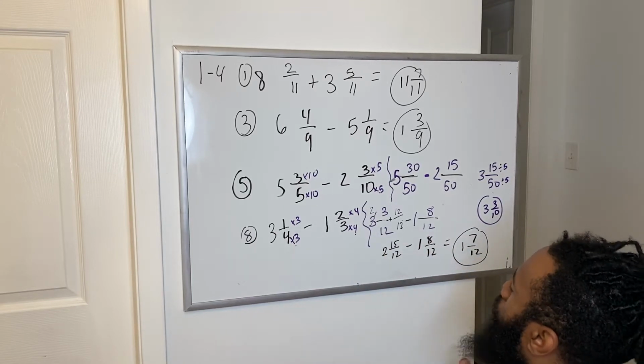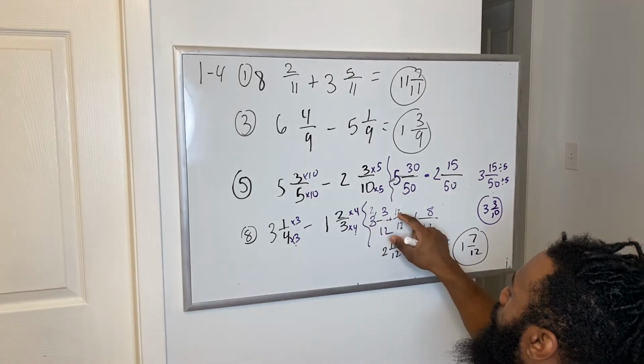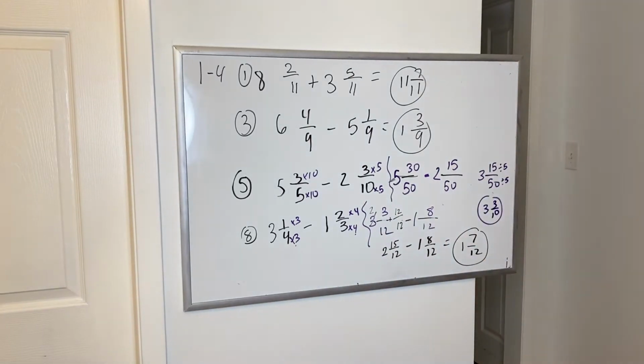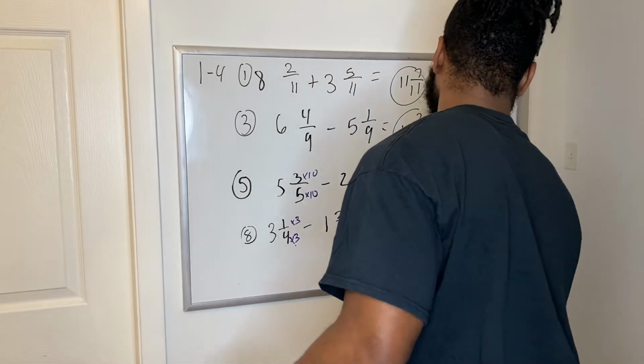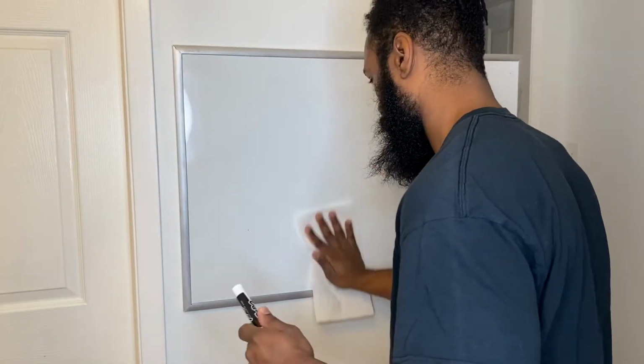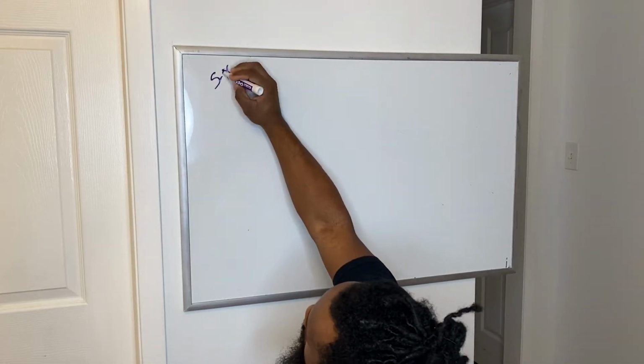With fractions, you don't want a negative numerator. That's why I had to regroup to make this numerator bigger. And that was for numbers 5 through 8.